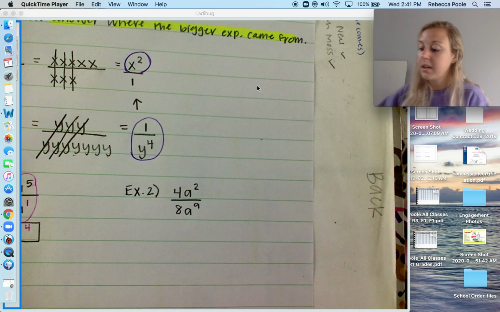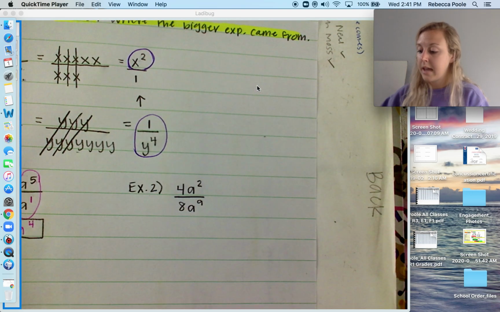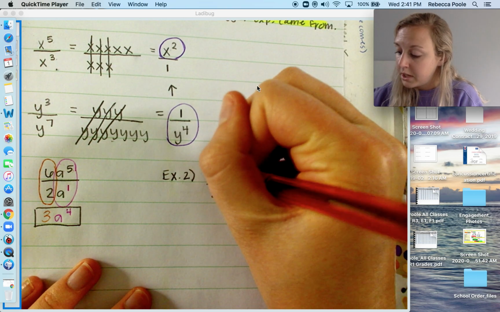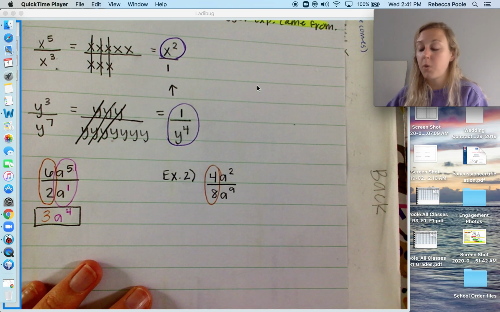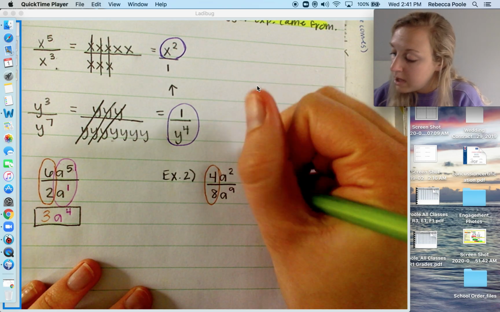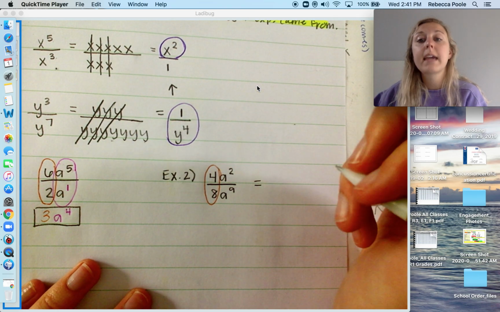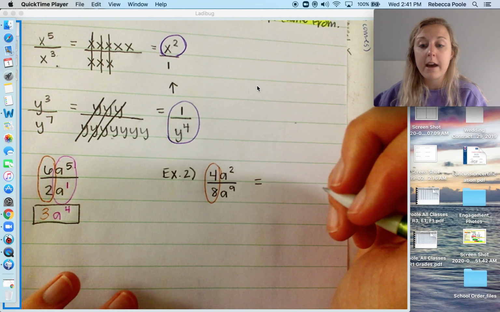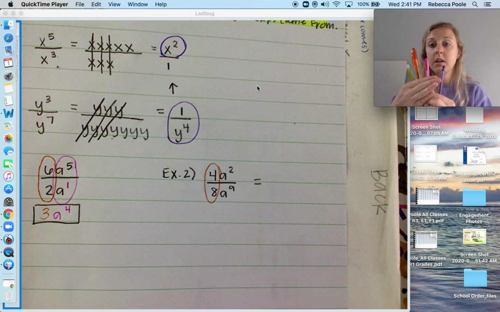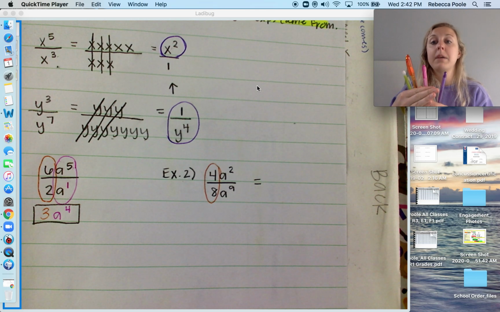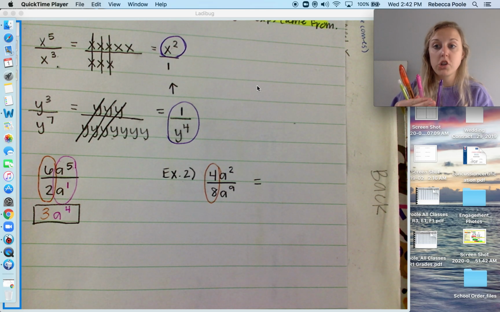All right, so let's take a look at this one. Same thing we did with example 1. The numbers in the front are plain old numbers, and that literally says 4 divided by 8. Now, I'm going to talk to you guys about this one. Can we do 4 divided by 8? Can I take 4 pens and split them up between 8 people? No, people would have to share, right?